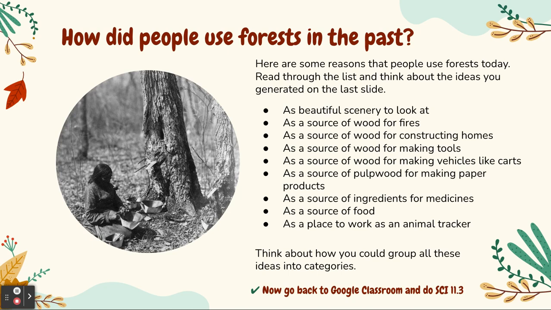People used to use forests as a source of ingredients for medicines, as a source of food. And that doesn't mean just using the trees as food, but trees make a great ecosystem for many different creatures and other plants that people in the past used for food through foraging or hunting. And also as a place to work as an animal tracker.